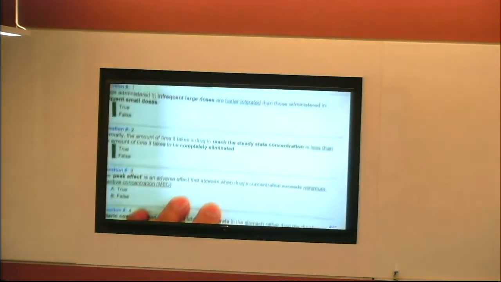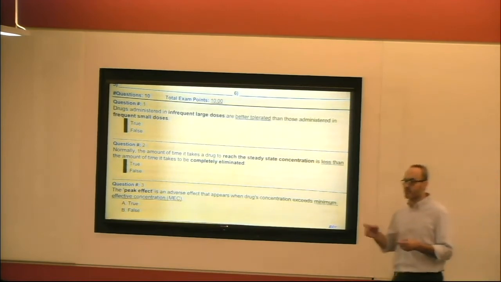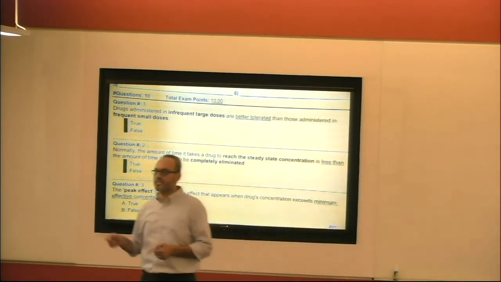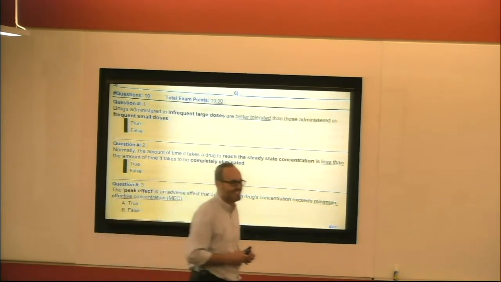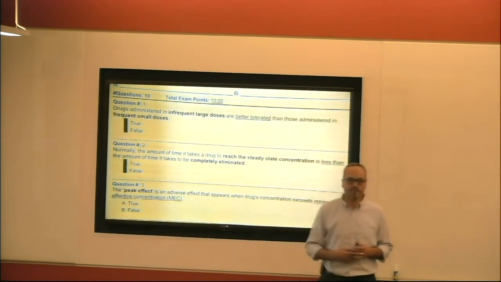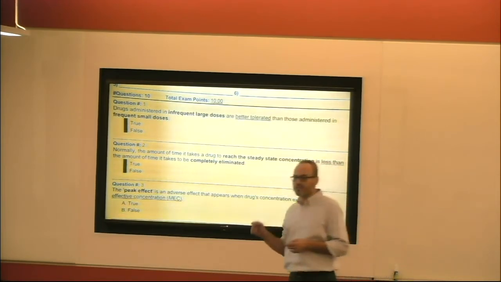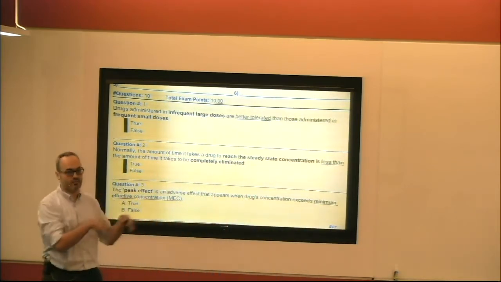Okay, question number 1. Drugs administered in infrequent large doses are better tolerated than those administered in frequent small doses. Everybody agrees it's false? Which ones are better tolerated, smaller and frequent? But what's the disadvantage of that on the other hand? So we fix the tolerance.